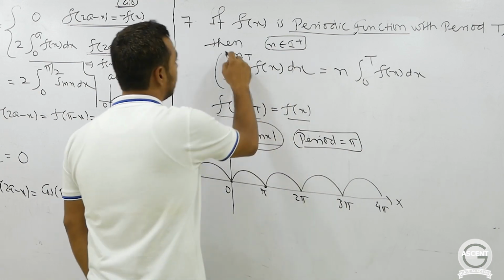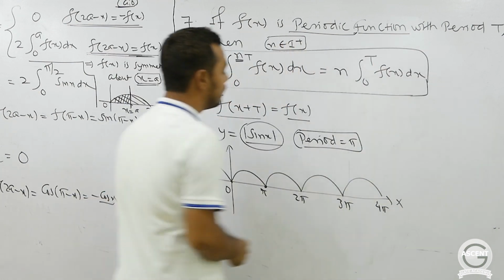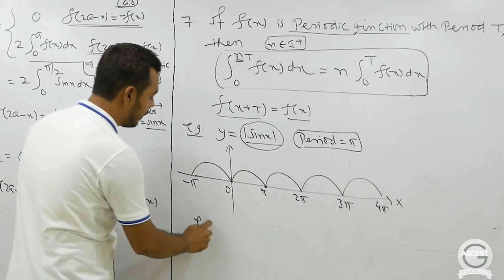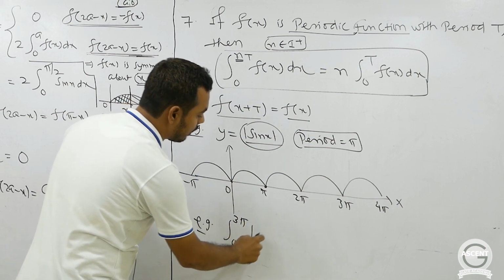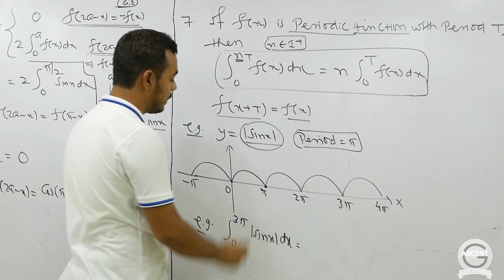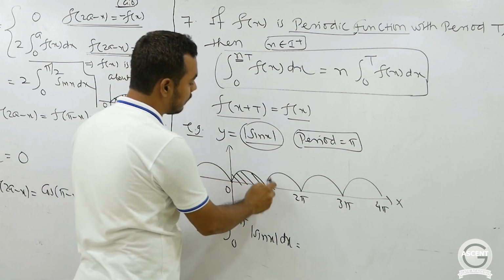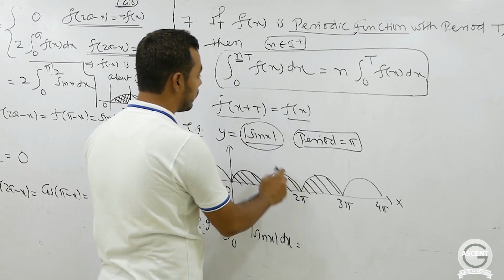If you see the graph of this function, if you see the graphical explanation, then this thing is only obvious. Suppose I had to evaluate the integral from 0 to 3 pi of mod sin x dx. What is the meaning of this? This means we need to calculate the area from 0 to 3 pi under the curve y equals mod sin x.